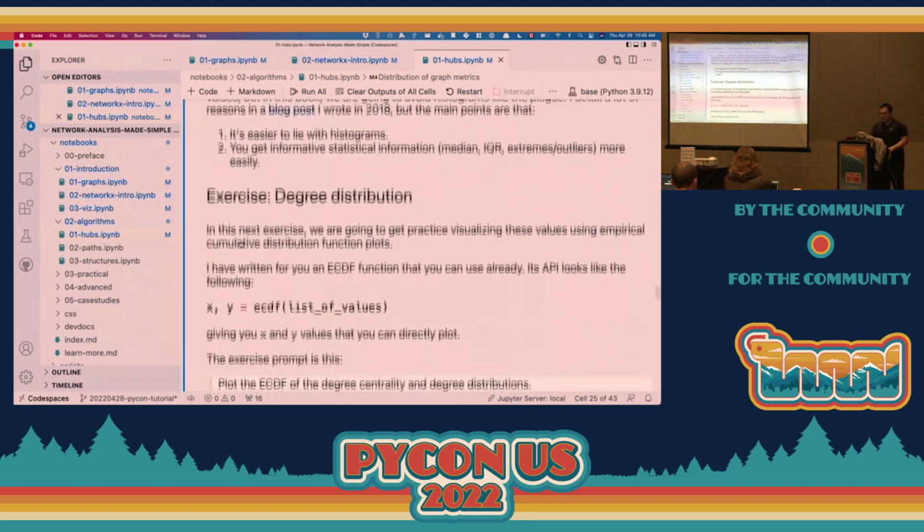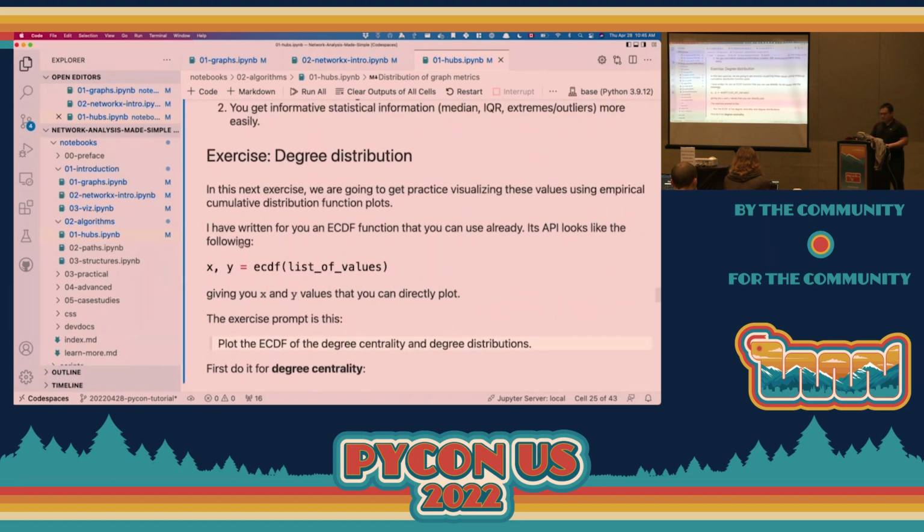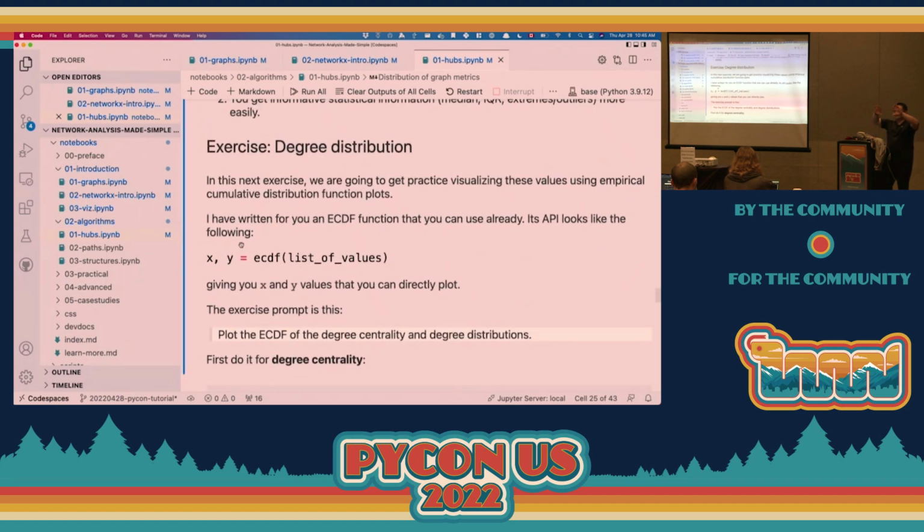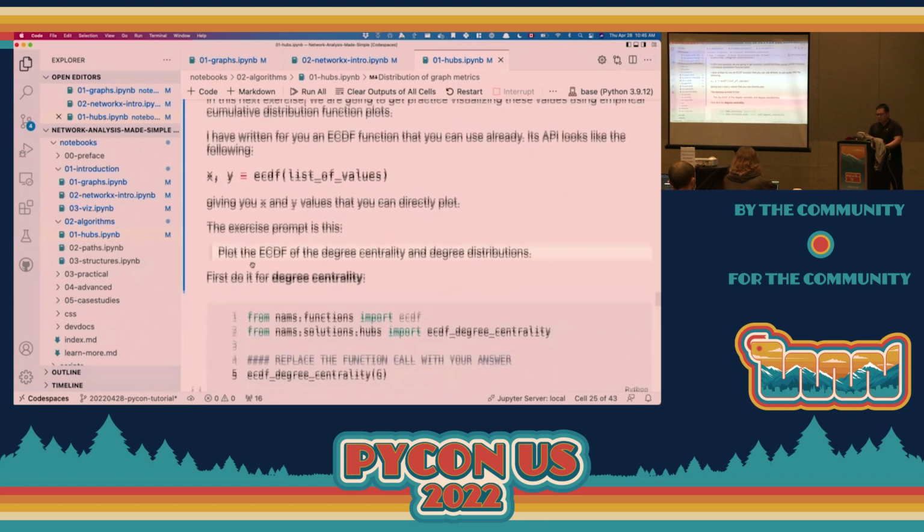So here's what the ECDF is. On the x-axis, you have the values that are present in your data set, and on the y-axis, you plot the cumulative fraction of data points in your data set that are at that value or below, all right? And that is an alternative way of visualizing the distribution of values.